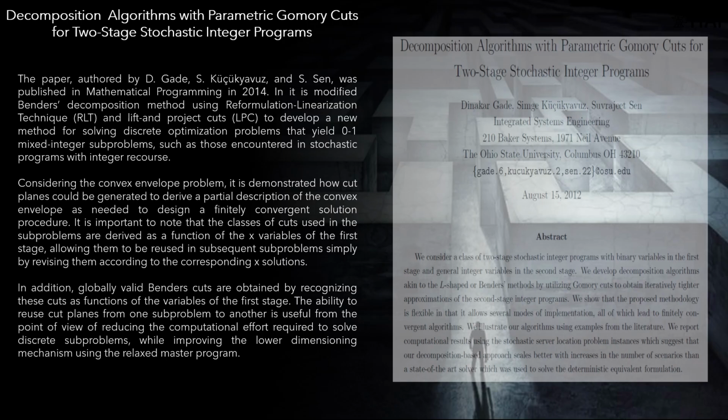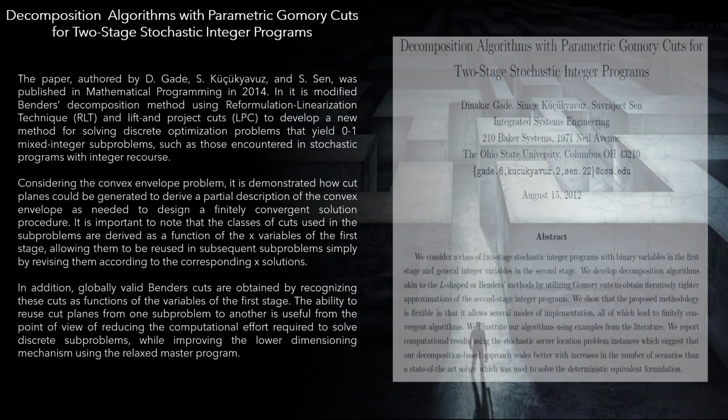Considering the convex hull problem, it is demonstrated how cutting planes could be generated to derive a partial description of the convex hull as needed to design a finitely convergent solution procedure. It is important to note that the classes of cuts used in the subproblems are derived as a function of the x variables of the first stage, allowing them to be reused in subsequent subproblems simply by revising them according to the corresponding solutions.